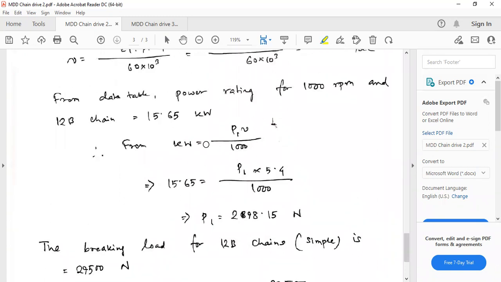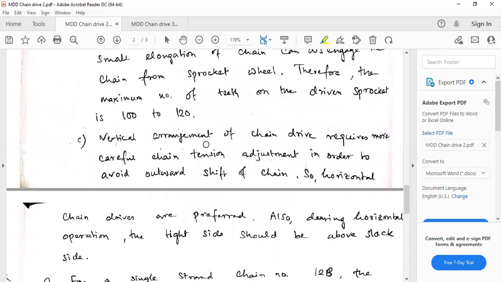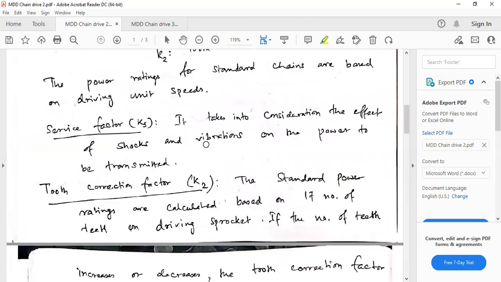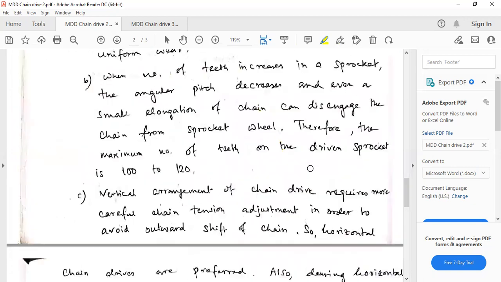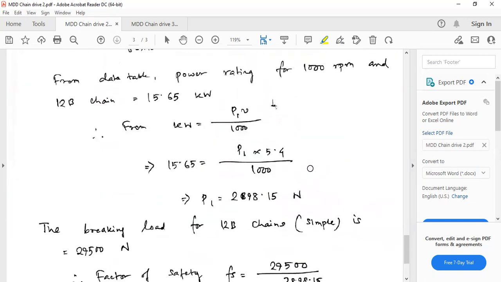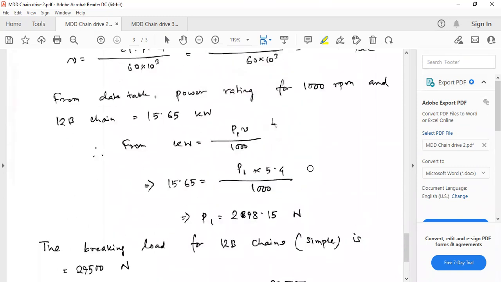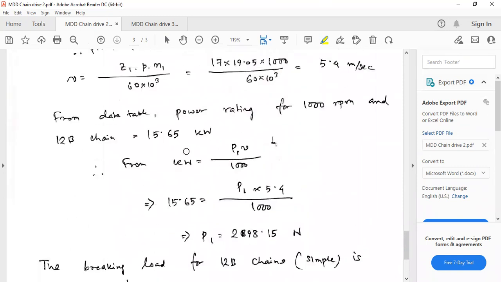Next, since you know the power rating, you have the relation here. Power rating equals transmitted power into Ks by K1 into K2. Oh, one more thing, sorry, we have not used the power rating by the way.